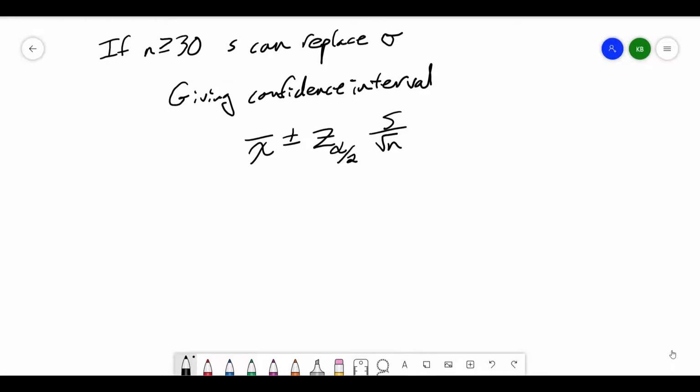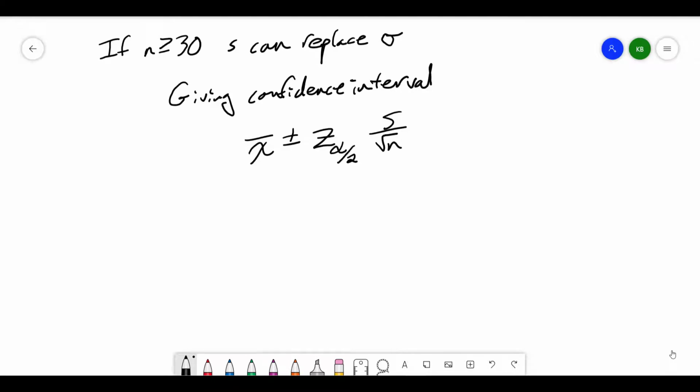So when we do that, then we can have a confidence interval that is our sample mean plus or minus our z value with alpha divided by 2% of the population to the left of it or right of it.